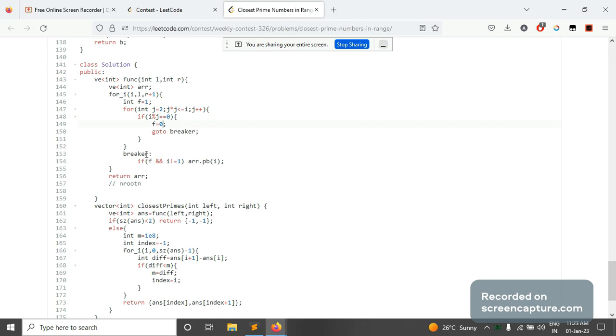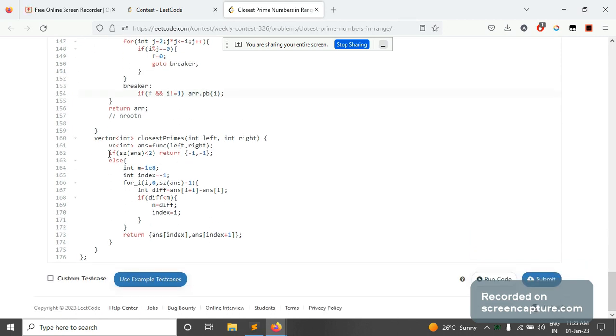If the flag is there, that is a prime number, and i is not equal to 1. i not equal to 1 means we are not treating 1 as a prime number; i is greater than 1. So in that case we take that prime number in our answer.